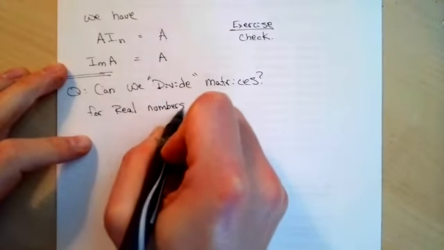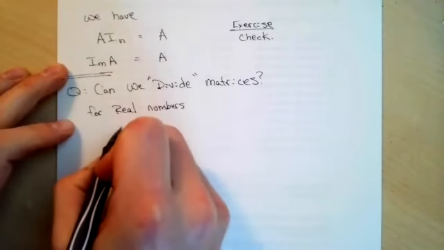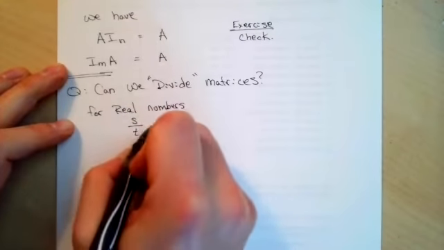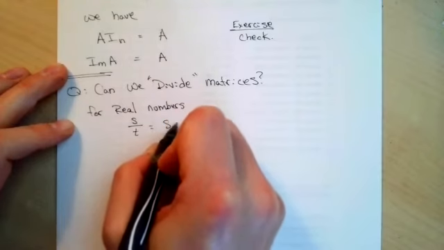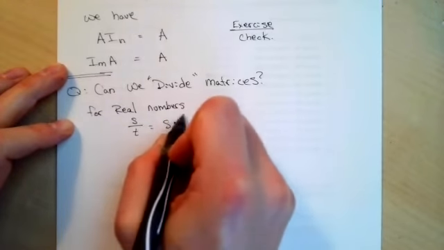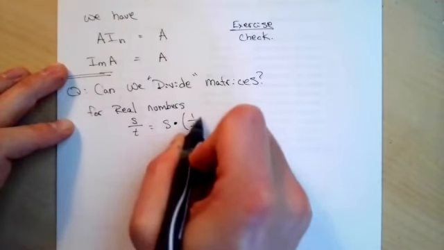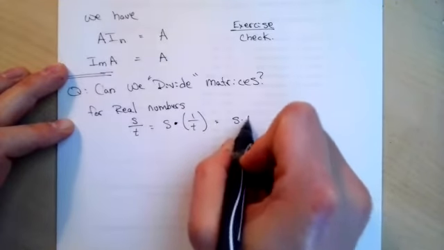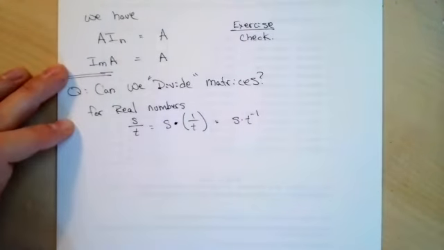And for real numbers, if we have s divided by t, it's really s times what we call the reciprocal of t, or s times t inverse.